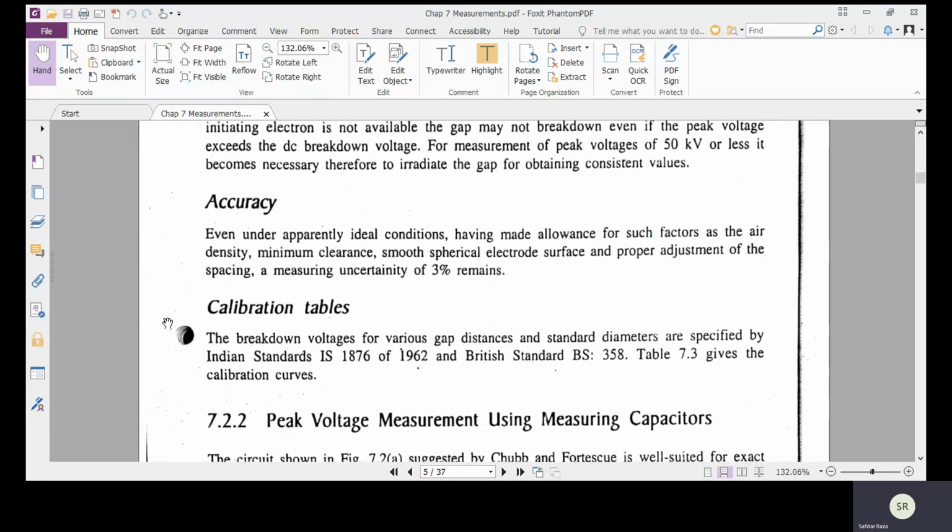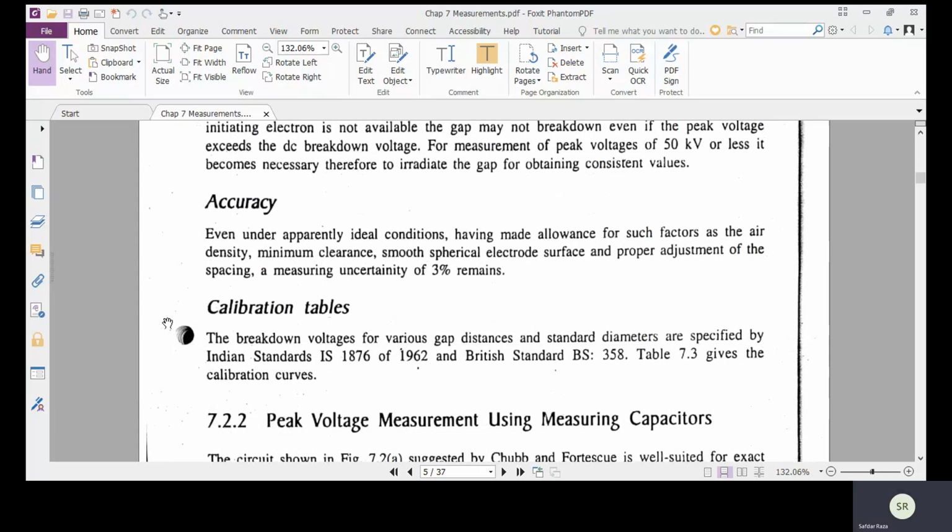After this, we have discussed the spheres, of which material the spheres are made and what precautionary measures are needed regarding the usage of spheres. After this, we have discussed the measuring circuits and what protective devices we use in the measuring circuit.